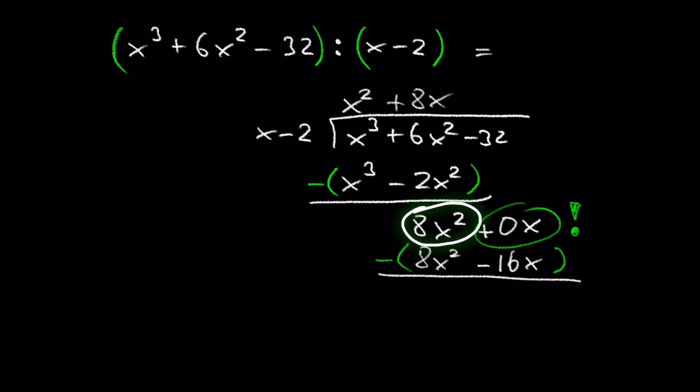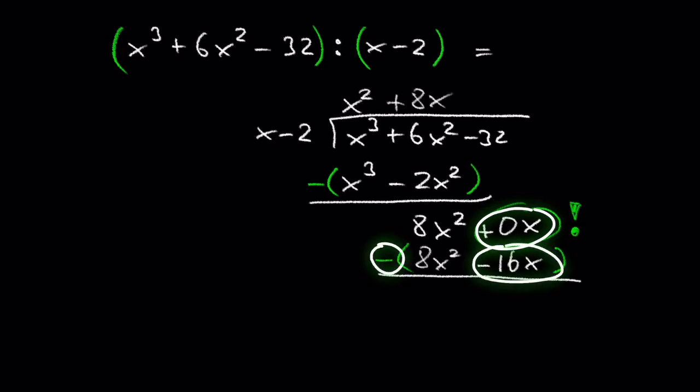Eight x squared minus 8x squared is 0. And 0x minus the negative 16x is positive 16x. Now we can bring down the negative 32.